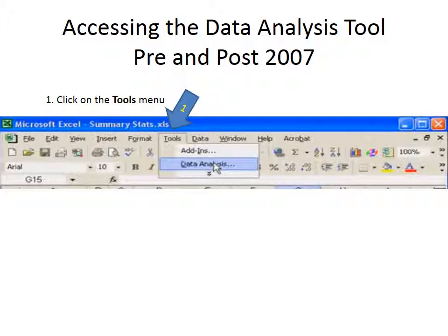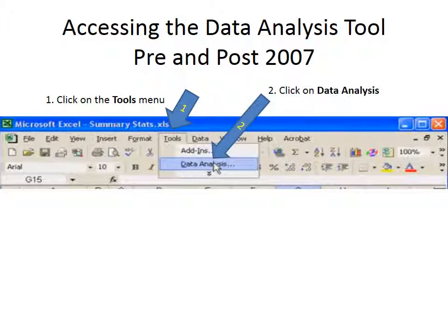Pre-2007, if you wanted to access the data analysis, you would click on Tools, and then you would go down and click on Data Analysis. So you click on the Tools pull-down menu, and then click on Data Analysis.